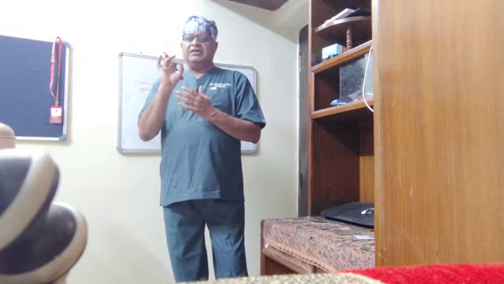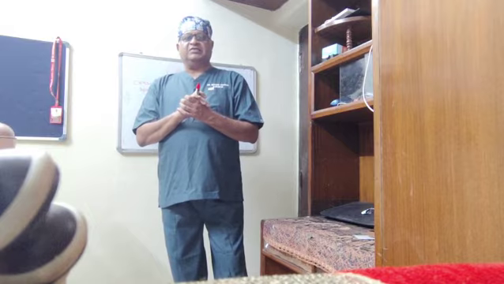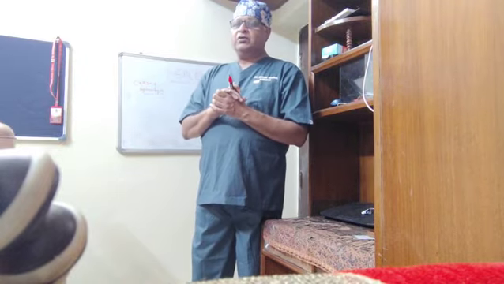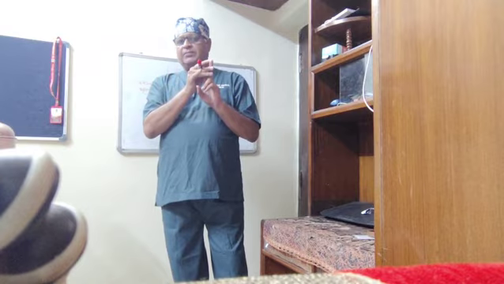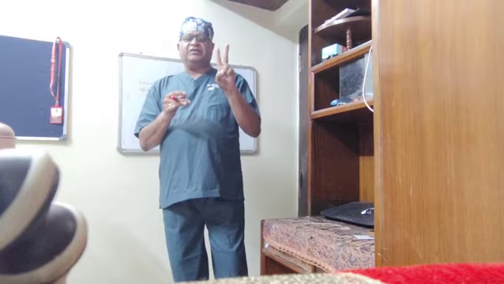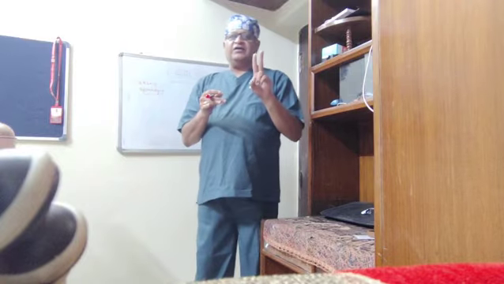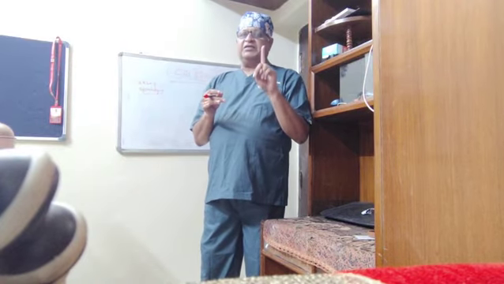Splenectomy is the treatment of choice in case of splenic injury, but not in all cases. When is splenectomy indicated? First, what is the grade and extent of the injury? Second, most important, what is the hemodynamic stability of the patient? If the injury is significant but the patient is hemodynamically stable, we go for conservative treatment.